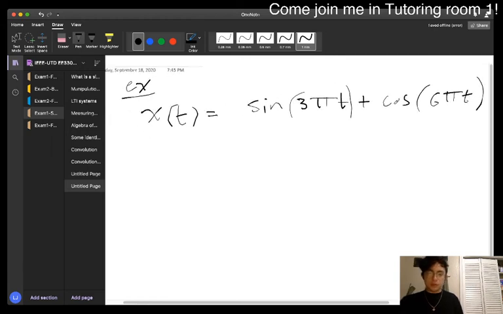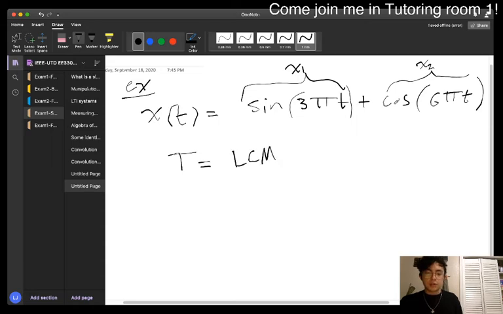The sum of two periodic signals is also going to be periodic. If this is x1 and x2, and they have periods T1 and T2 respectively, then the period here is going to be the least common multiple of T1 and T2.